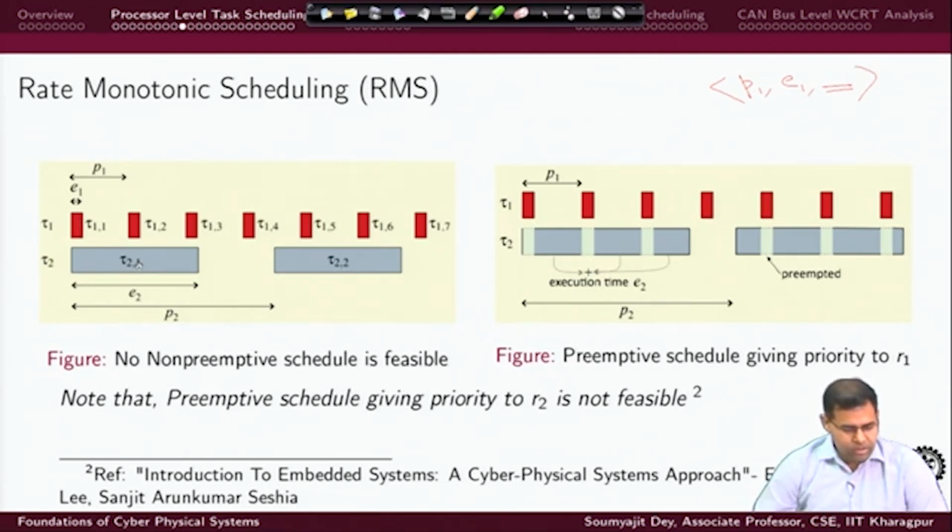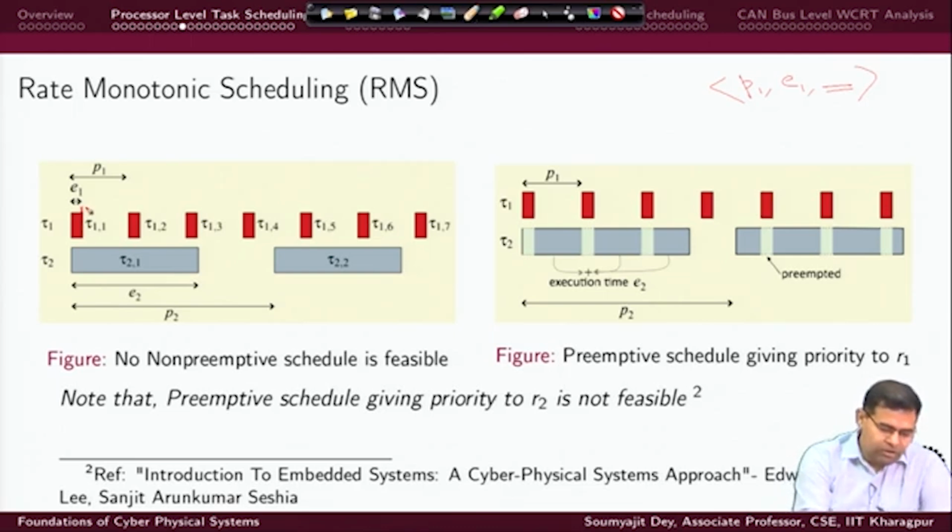Let us say I follow rate monotonic in a non-preemptive way. What am I going to do? I execute tau 1 first. Once tau 1 is executed, from this point I start executing tau 2, which will end somewhere here.